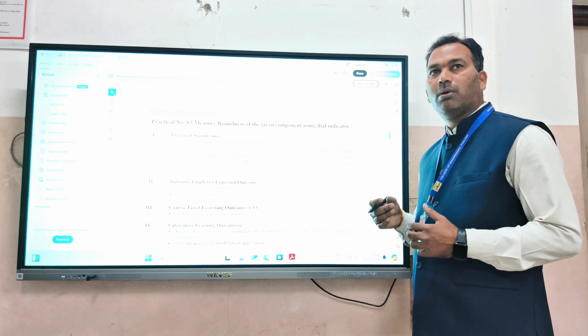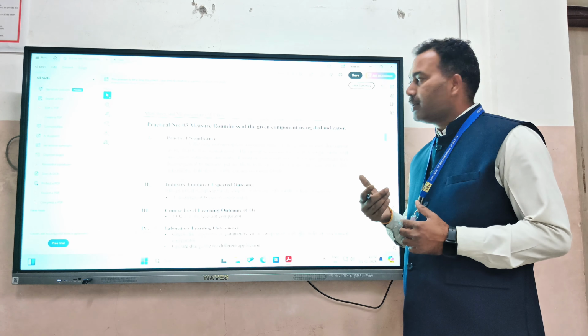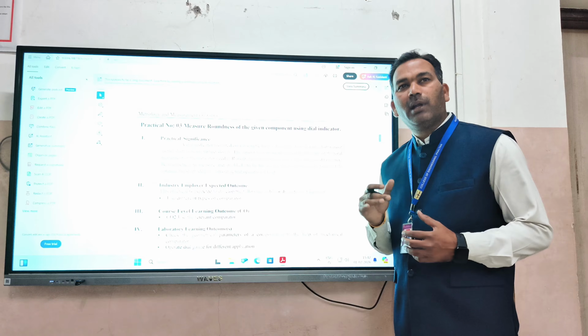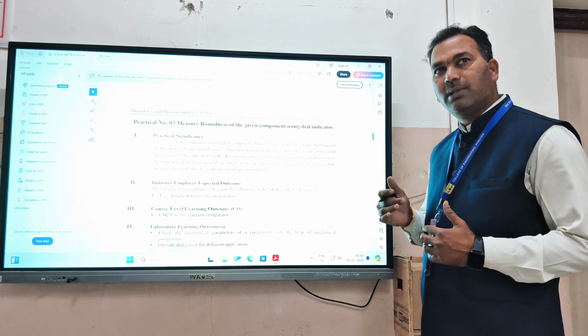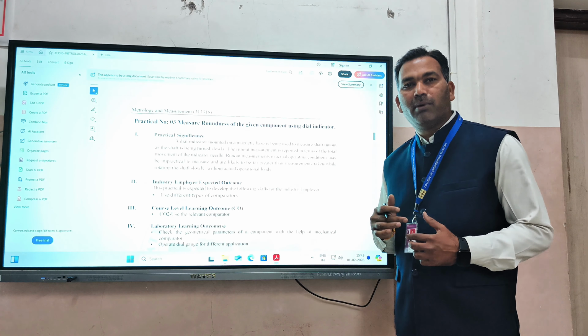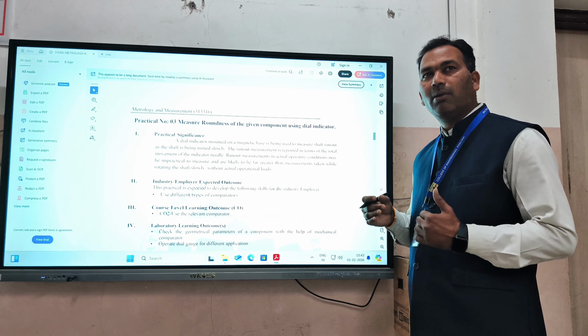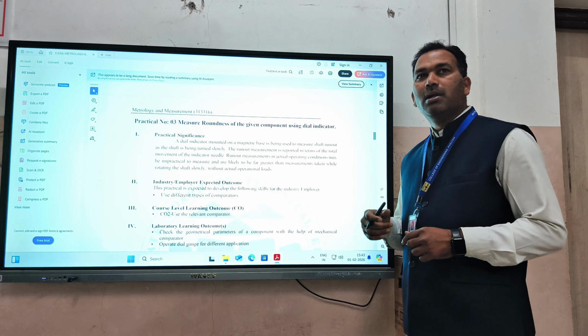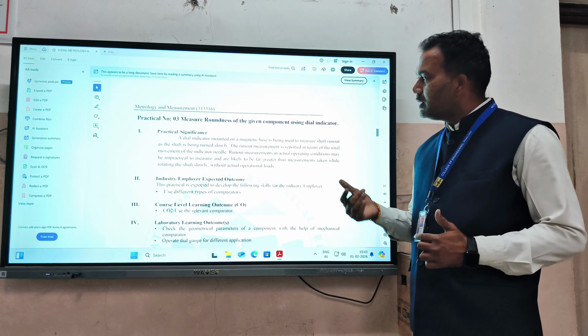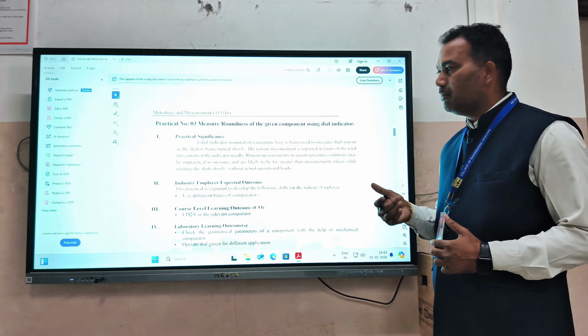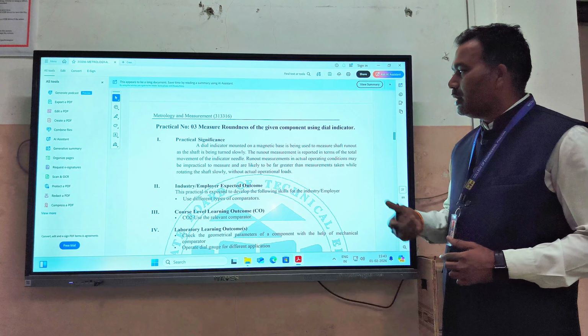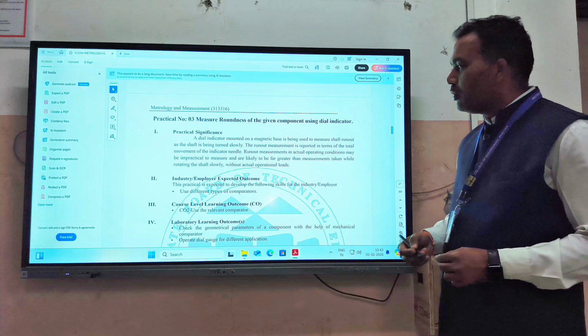If our component lies between the upper limit and lower limit, it is called an acceptable component. If it crosses the upper limit or lower limit, it is called a rejectable component. We will see here the practical significance and also the industry employer expected outcome.